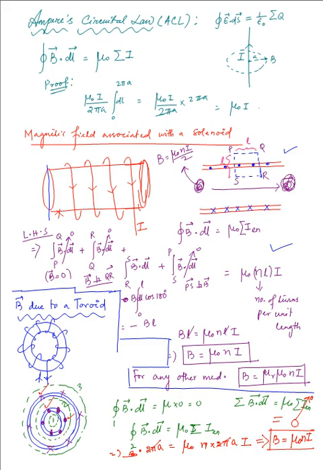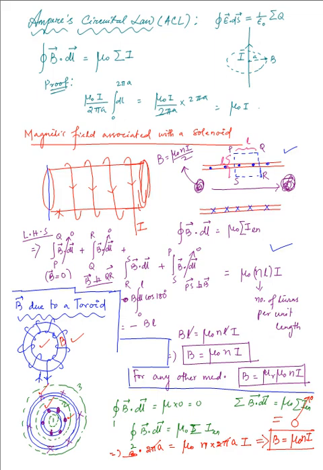So the toroid is going to have the magnetic field associated with it to be mu naught times N I, and that lies inside it. Outside it is 0, and inside of the inside, that is if we consider that tube, that inside point over there, the magnetic field is going to be 0. The only magnetic field that is going to lie is within that tube region.